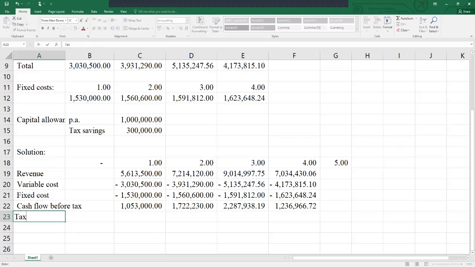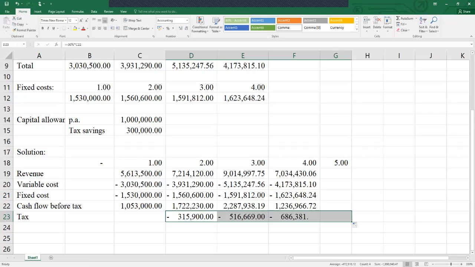You pay tax, and paying 30% in arrears, therefore it is equal to minus, because this is a cash outflow, 30% times the previous year's profit. That's for year 1. You have the formula, drag it across from year 2 all the way to year 5.